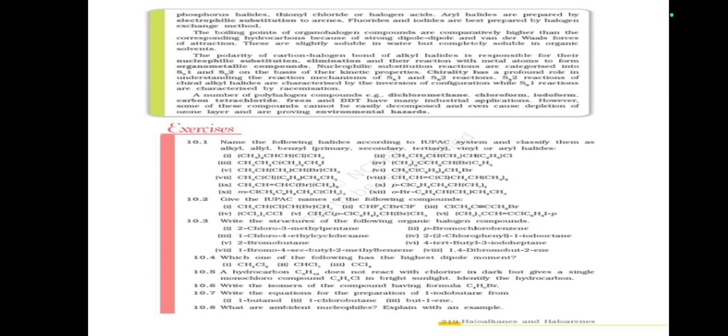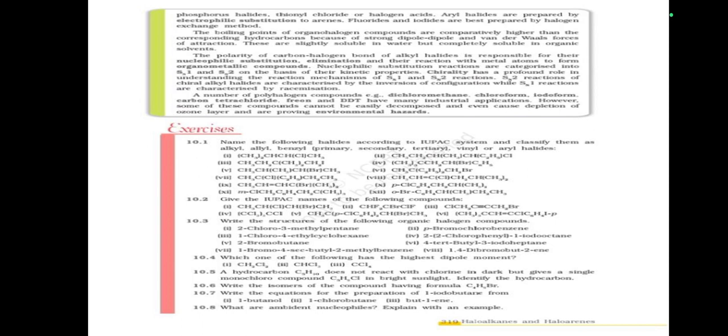Nucleophilic substitution reactions are categorized into SN1 and SN2 on the basis of their kinetic properties. Chirality has a profound role in understanding the reaction mechanism of SN1 and SN2 reactions. SN2 reactions of chiral alkyl halides are characterized by inversion of configuration, while SN1 reactions are characterized by racemization.